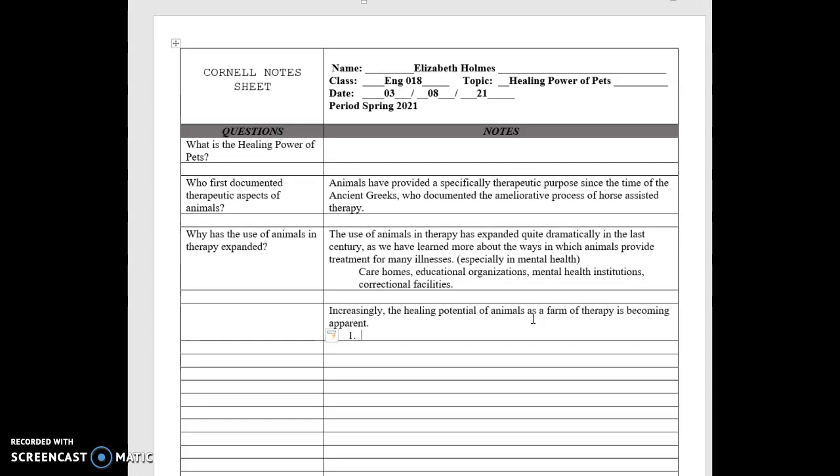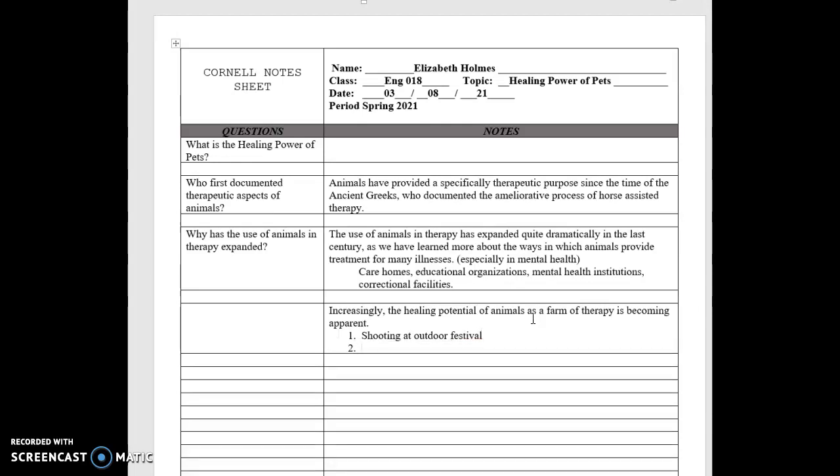Let's see. So I'm going to say shooting at outdoor festival. The second one was vigil for victims of school shooting.